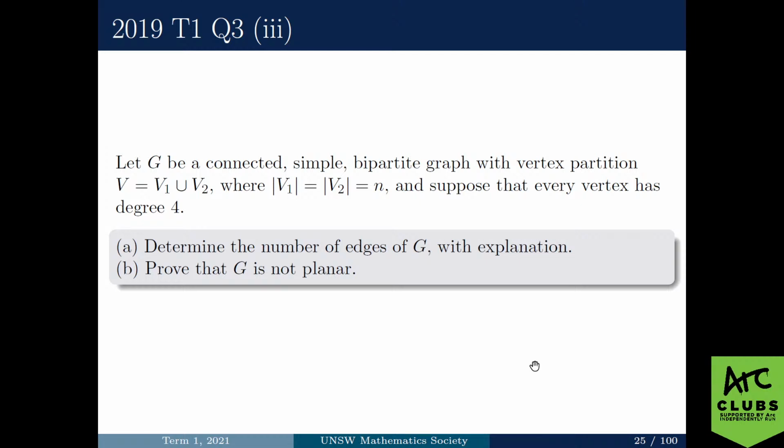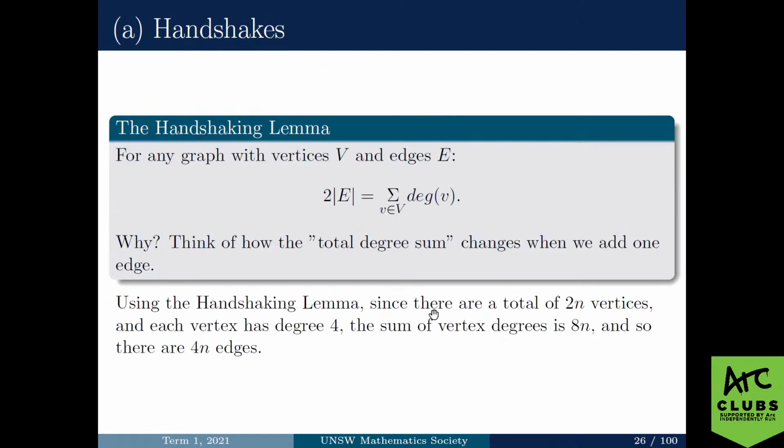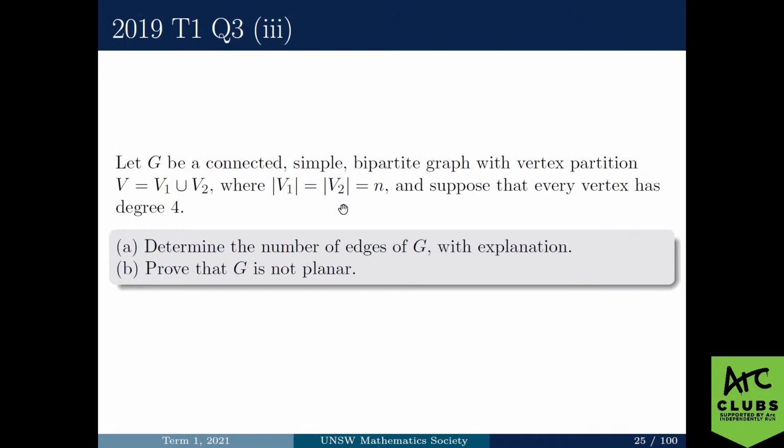Well, there's a really useful lemma called the handshaking lemma. And it says for any graph with vertices V and edges E, and these are sets, 2 times the cardinality of E equals the sum of vertex degrees for every single vertex. And using this, we can find the size of E, which is the number of edges. So we just need to know the sum of vertex degrees.